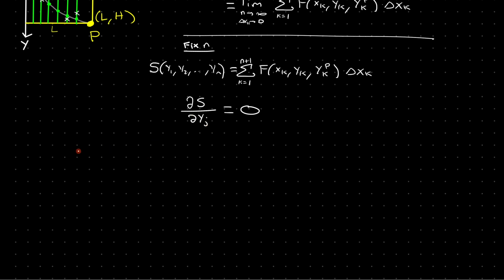In order to take these partial derivatives, we have to take the partial derivatives of this sum with respect to yj, and doing this, taking the derivative of this summation with respect to yj, will lead to the derivative of a finite sum, which is the same thing as the finite sum of the derivative of each individual term.